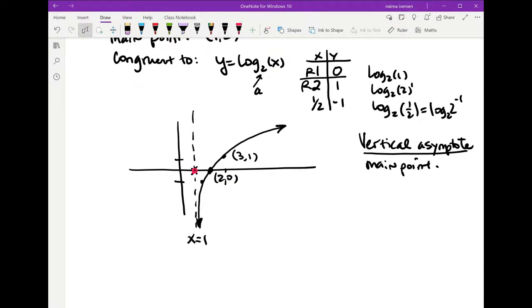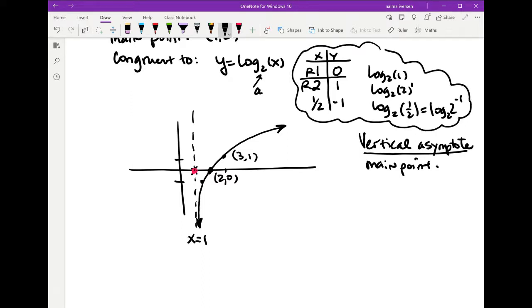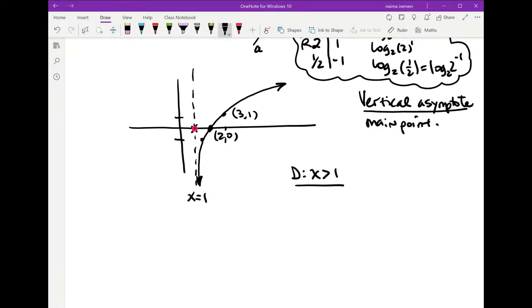Now the reason I wanted to do this is to show you that with this table of values you can actually plug numbers in now, which is great, but also that our domain, x is greater than 1, is very closely linked to our original function. Our original function was y equals log base 2 of x minus 1. If you remember, we had this property: log base triangle of square.